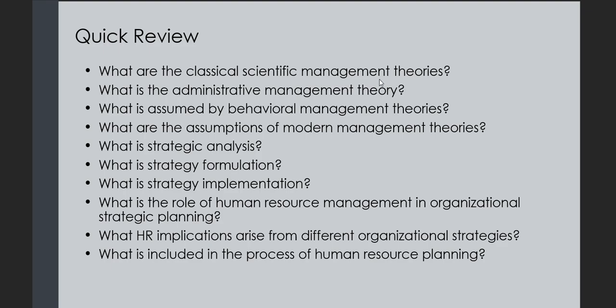This focuses on management functions and principles for organizing and running organizations effectively. What is assumed by behavioral management theories? These assume that human behavior, social factors, and motivation are critical to workplace performance.